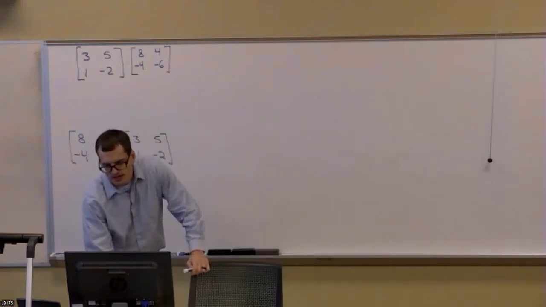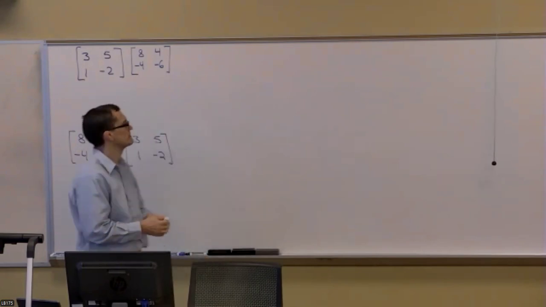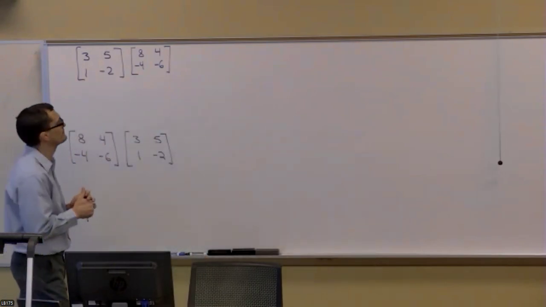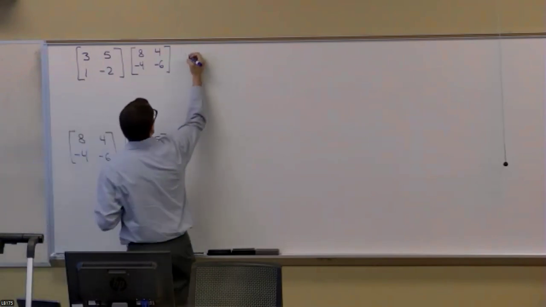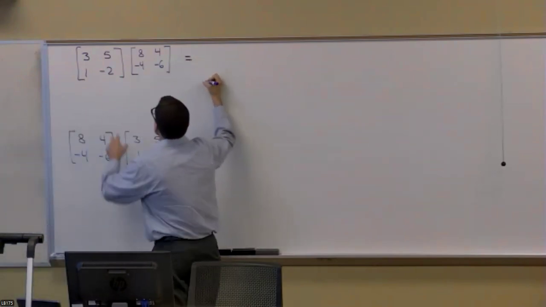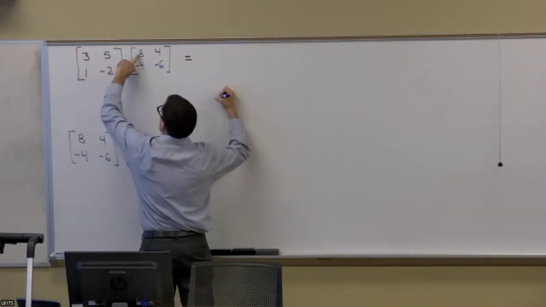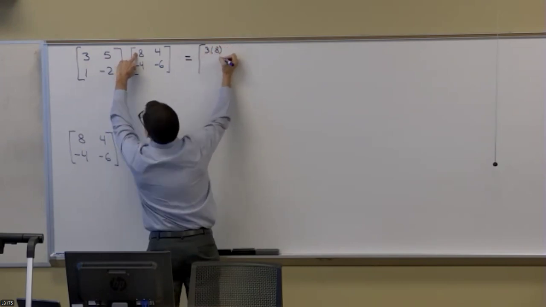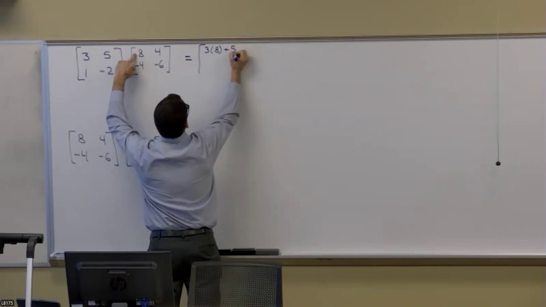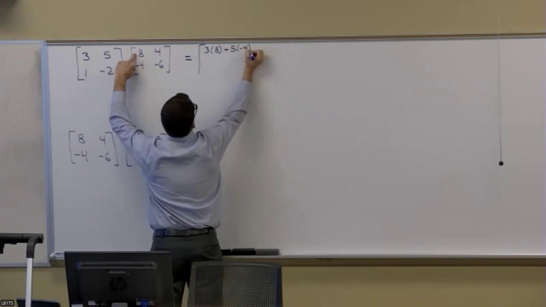Now, I'm going to do these operations on the board by hand. So we're going to take 3, 5, and multiply it times 8, negative 4. 3 times 8 plus 5 times negative 4.